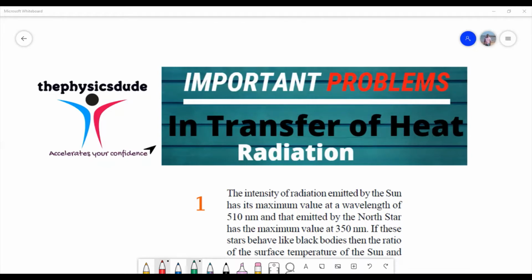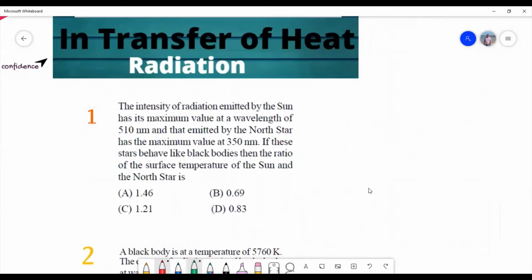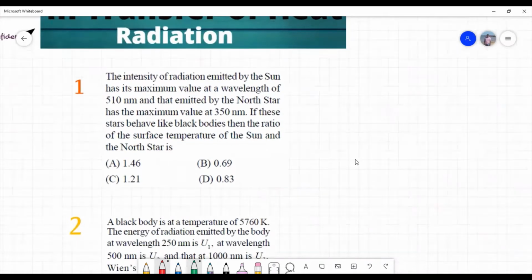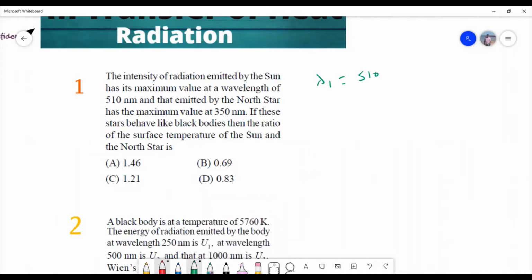Let's get into the discussion. Let's see the first problem. The intensity of radiation emitted by the sun has its maximum value at a wavelength of 510 nanometer. So lambda 1 is given as 510 nanometer.